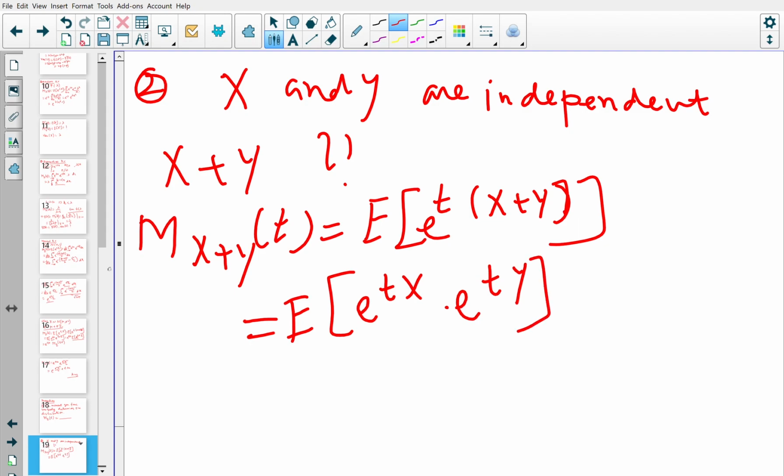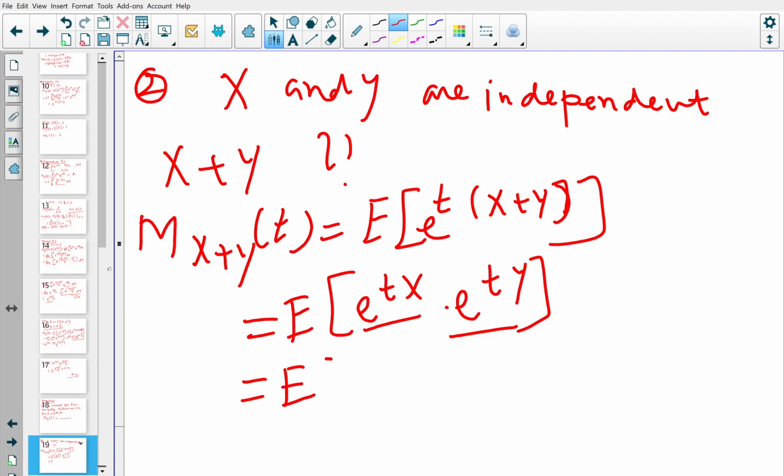Okay, and we already learned in one of my earlier online lectures that whenever X and Y are independent, then for any functions g(X) and g(Y), if you take the expectation of the product, it will be the product of the individual expectations.